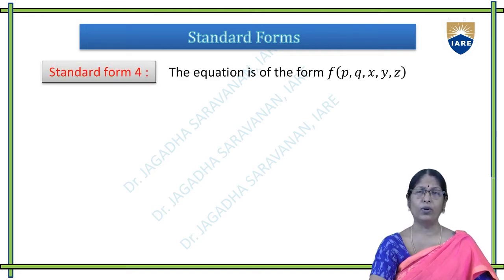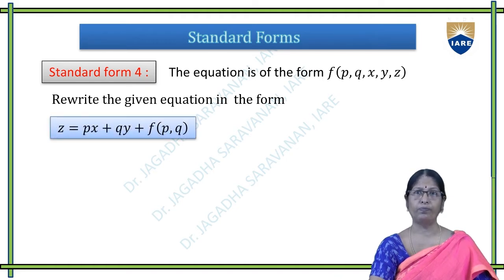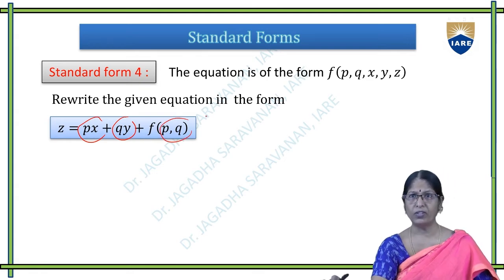Standard form 4 is the equation in which all the functions, P, Q, X, Y, Z, are playing a role here. Then the steps we have to follow: first, we have to rewrite our given question in the form of a group of P and X, a group of Q and Y, and another group of P and Q. In this format we have to bring our question first.